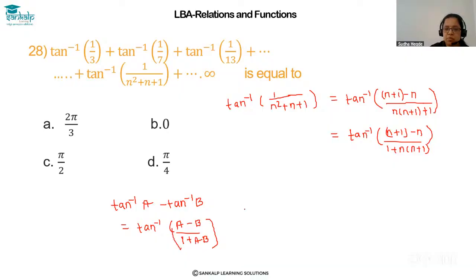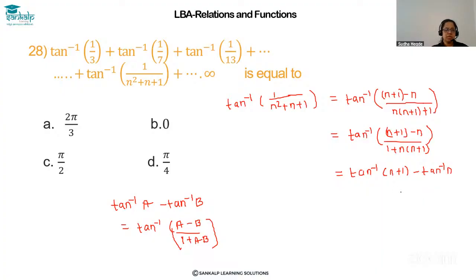Okay. In place of A, you have n plus 1. In place of B, you have n. Therefore, it is tan inverse n plus 1 minus tan inverse n. Correct?